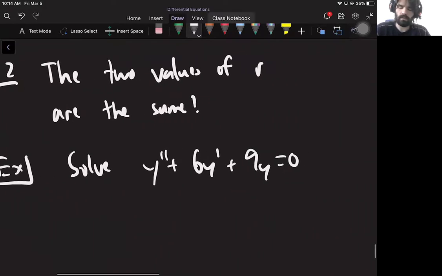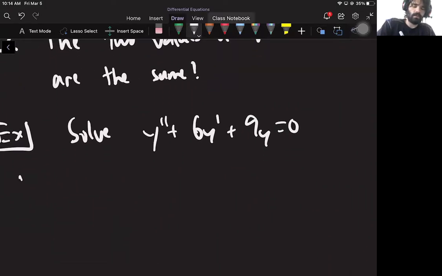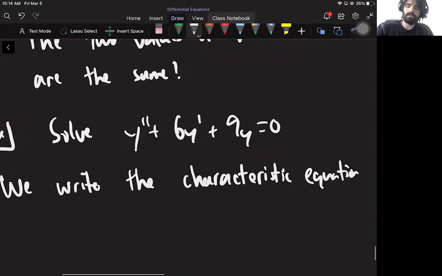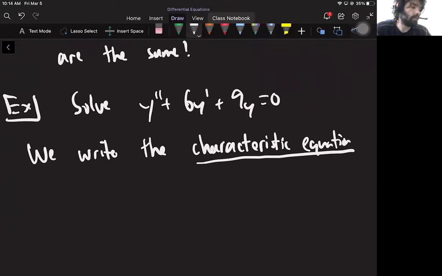Okay, so now we're going to speed it up a bit. Because we already know we're in the right situation, we write something called the characteristic equation for the DE to solve it. Some people call it the auxiliary equation. If you look in the book, that's what it says. But what is it going to be? It's just that equation you get from doing that whole process. This is what it is in that case.